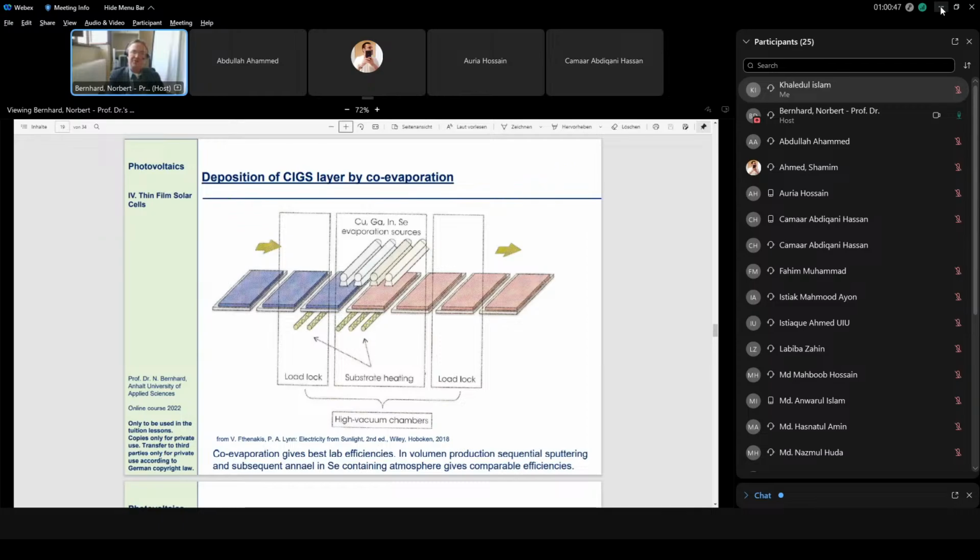Okay. And the next step in the development from the dye-sensitized solar cell was then the organic solar cell. You see, in the organic solar cell now, we have two of these materials where we have to consider the HOMO and the LUMO. And the HOMO and the LUMO of these two materials are shifted relative to each other.